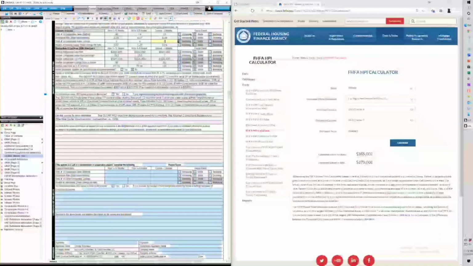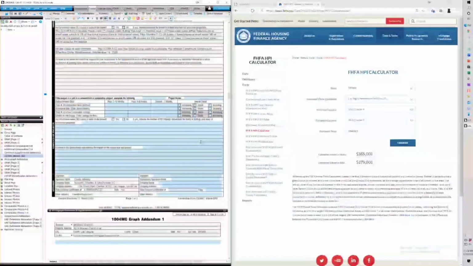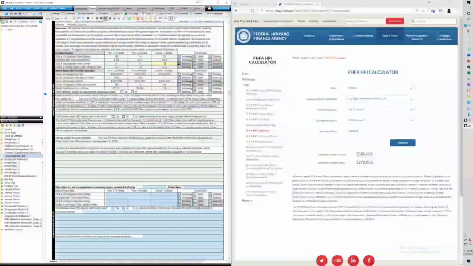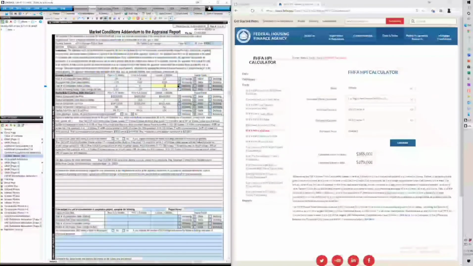But this is a way for you to go in and provide some independent analysis that may be handy for you in supporting your market condition analysis. And best of all, it's free. So hopefully this is a tool that you can utilize as necessary in making determinations about changes in market conditions.